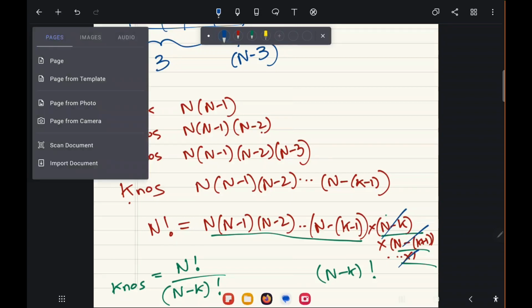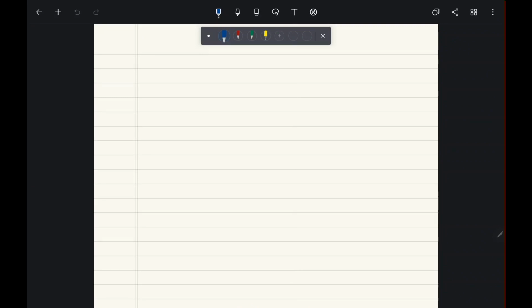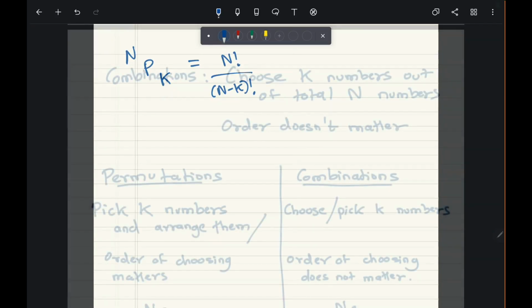So that is why, for permutations, if we want to pick and arrange k numbers out of a total of n numbers, and this obviously assumes that n is more than k, we have a total of n factorial upon n minus k factorial ways to do it.